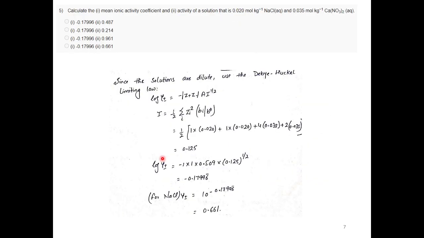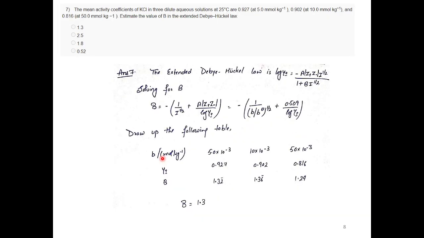If you see these two, here we are considering only log gamma plus minus equals minus z plus z minus A root I. But here you get another extra parameter, b, the ion size parameter, for real solutions. For real solutions there are ionic interactions between ions, so you have to account for another parameter.